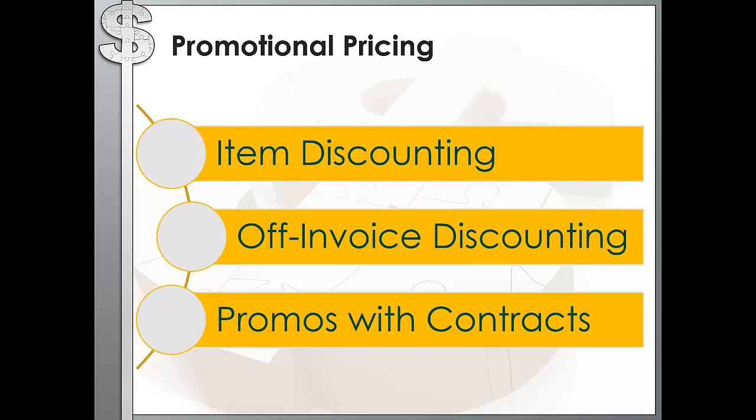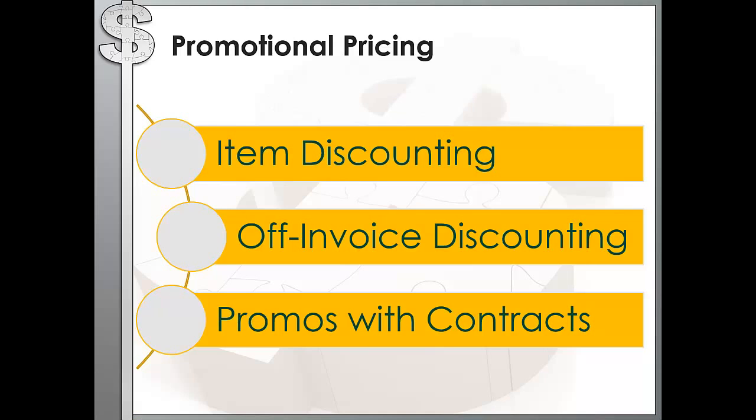You can do item discounting, line item discounting with assortments, and you can also do off-invoice discounting that will take the discount off of the final invoice total. Like I mentioned before, you can do promotions in association with contracts. So between those tools, you wind up with a very, very powerful arsenal that you can use whenever coming up with and manipulating pricing models for your customer.